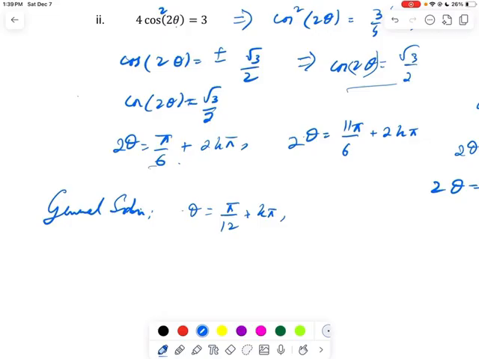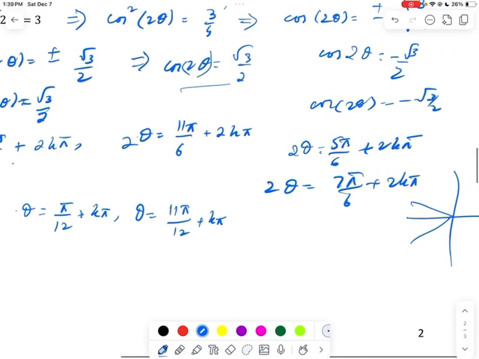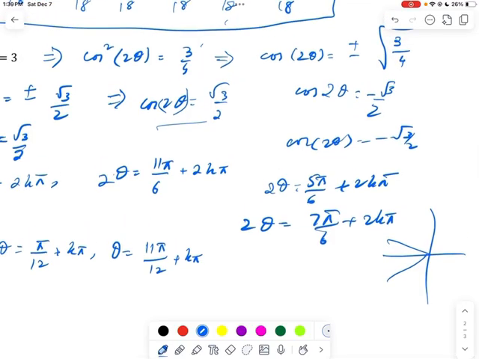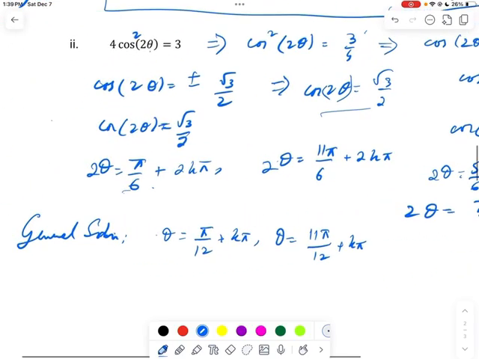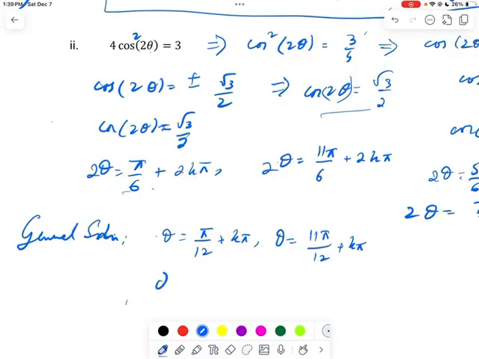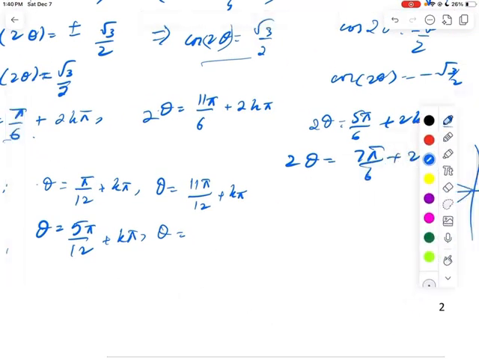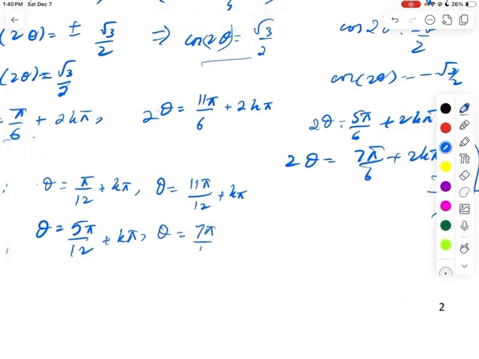Then from this one, theta equals 11 pi over 12 plus k pi. Then from the next one we get theta equals 5 pi over 12 plus k pi, and the last one, theta is equal to 7 pi over 12 plus k pi. So this is the general solution.